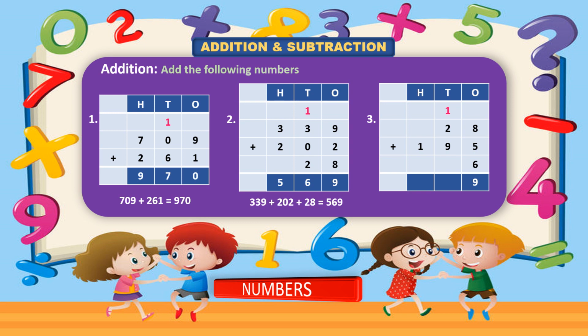Now we add the tens place. 1 plus 2 plus 9 is equal to 12. Here we put 2 in tens place and 1 in hundreds place. Now we add the hundreds place. 1 plus 1 is equal to 2. So the answer is 229.